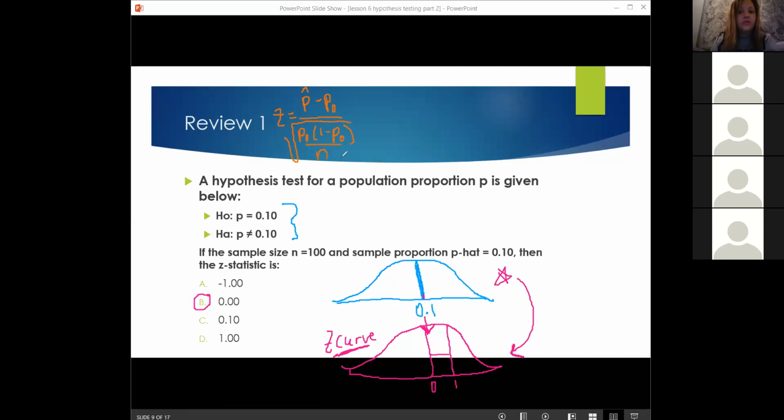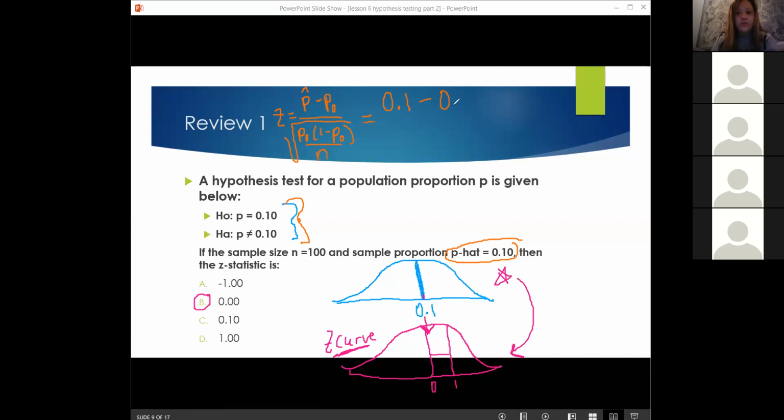So this is the equation we can use to get our z-score. Our p hat, given down here, is 0.1. So we have 0.1 minus our null. Whatever is listed in our null and alternative hypothesis is going to be our null proportion.